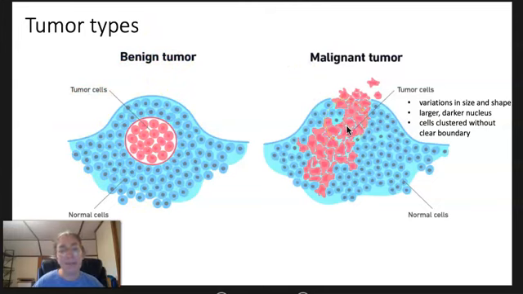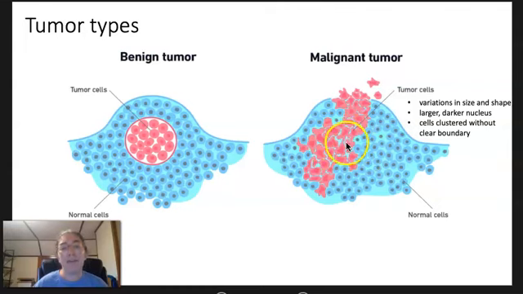So cancer is actually many diseases. There's many types of cancer, and those are diseases that involve malignant tumors. And you can see that malignant tumors are very different in structure than benign tumors. The cells themselves are very mutated, have differentiated quite a bit and no longer look like the normal cells that they were derived from.